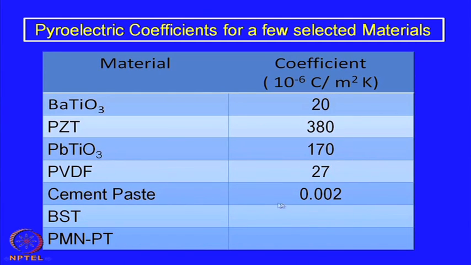Even cement paste has a certain pyroelectric coefficient. So, there are many: BST and PMN-PT also have some importance from the point of view of pyroelectric property. Unfortunately, these coefficients are not with me at this point of time, but the materials are important. Okay.